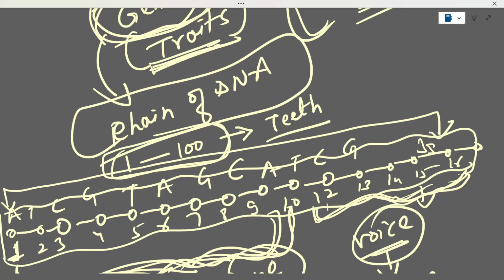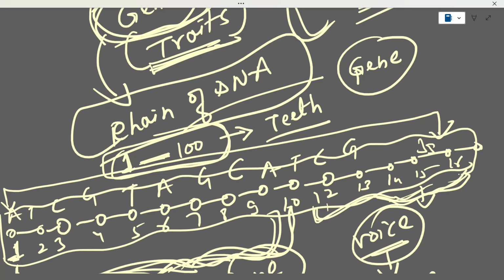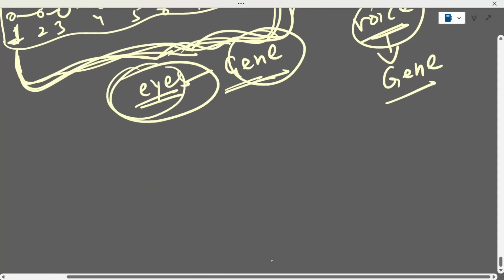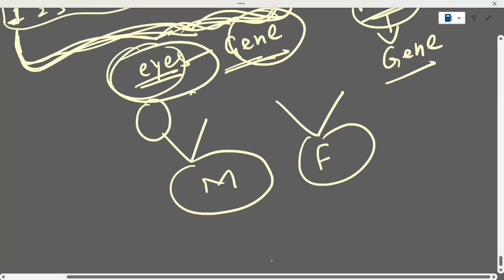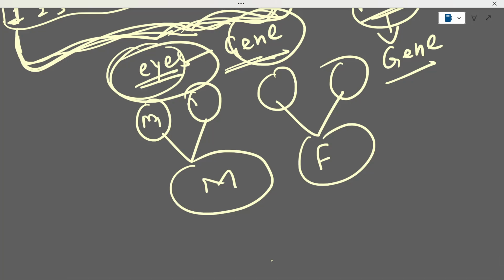So this whole section is known as a gene. And then every individual that you see, even if your mother and father themselves have inherited the copies from their own parents, F1, M2, F2.